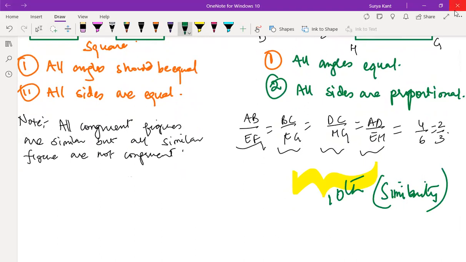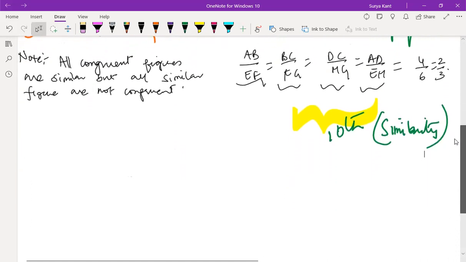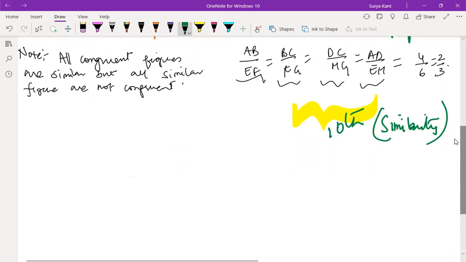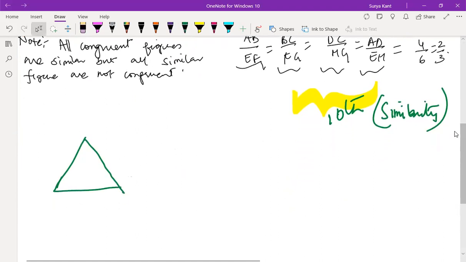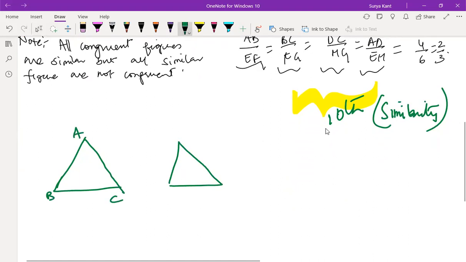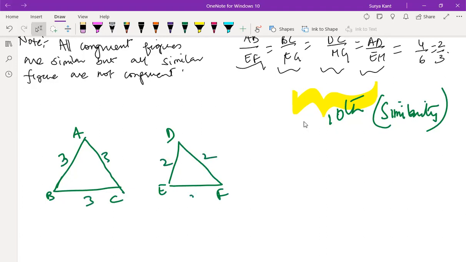So first question, if I ask you, are these two triangles similar or not? This is your triangle, ABC, and this is DEF. If I write here 3, 3, 3 and 2, 2, 2, so this is 60, 60, 60.